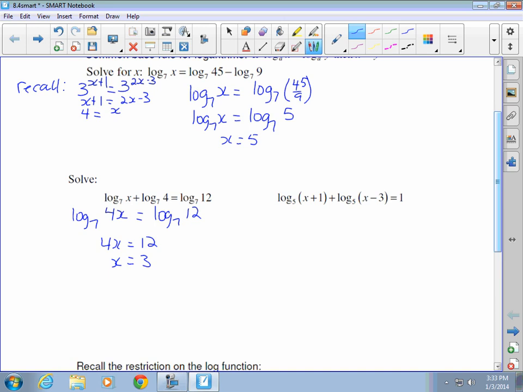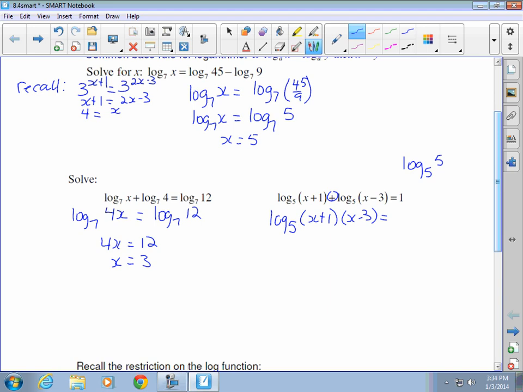Okay, log base 5 of x plus 1 plus log base 5 of x minus 3 is equal to 1. This is a plus here, so this becomes log base 5 of x plus 1 times x minus 3. And if my answer is a 1, using my log rules from that section, I think that was in section 8.3, that is log base 5 of 5.